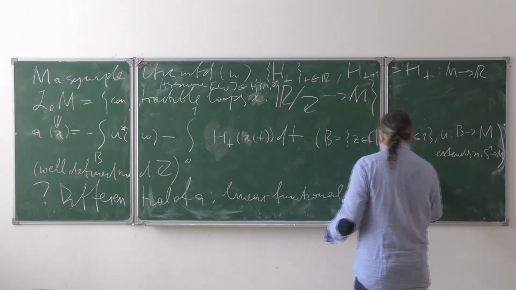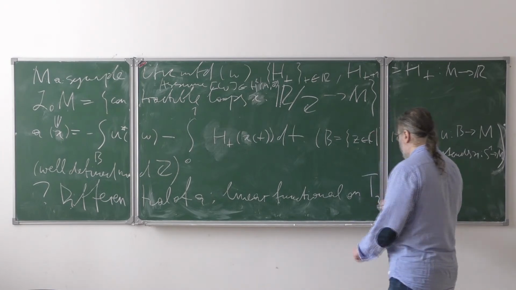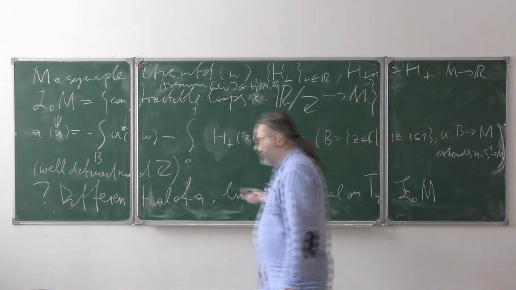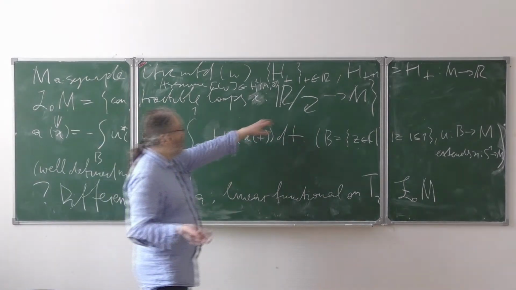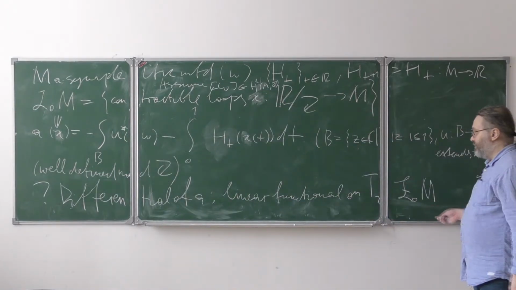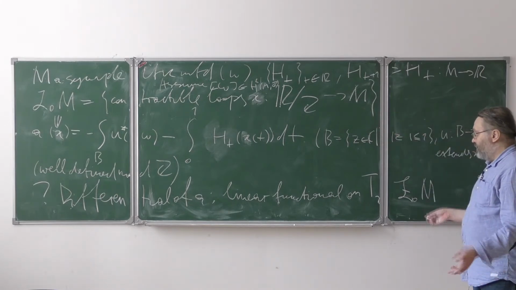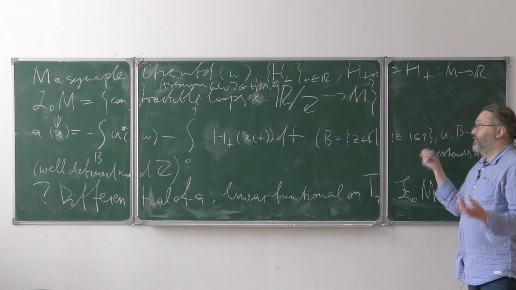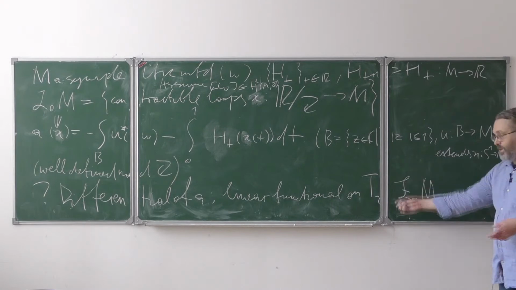So let me take X, which is a one periodic function from R to M. Let's not worry about whether or not it's contractible. Some function. One periodic. What's the tangent space to L naught M at X?